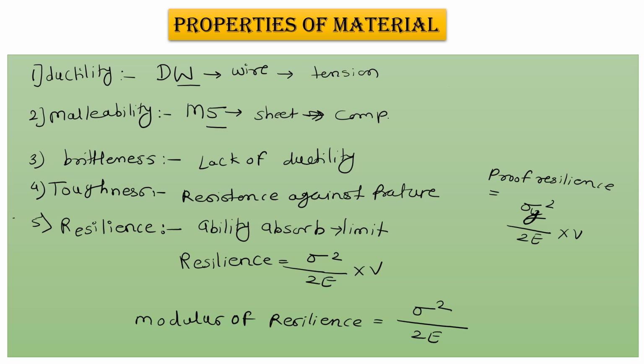The next, number 6, is fatigue and endurance limit. Fatigue is due to repetitive loading, and endurance limit is the maximum value of stress up to which no fatigue cracks are developed.